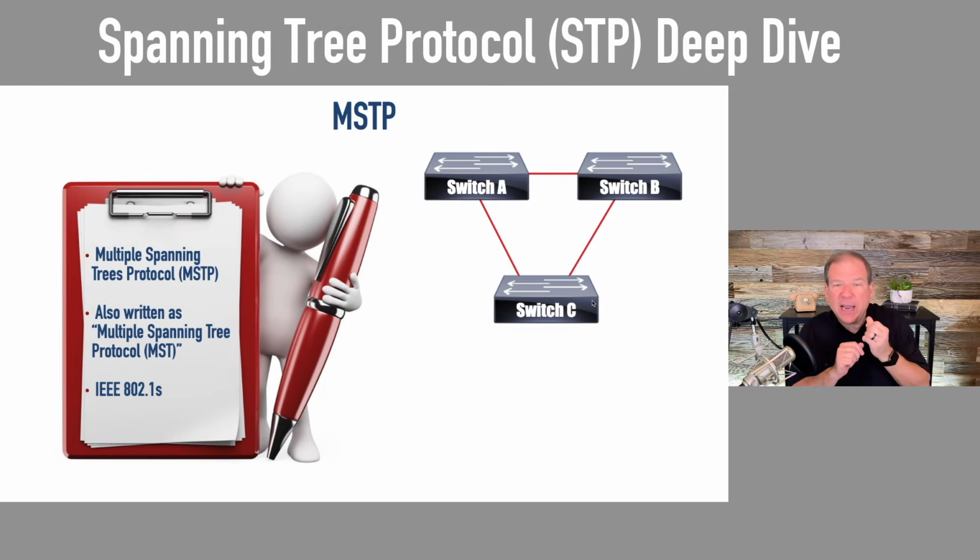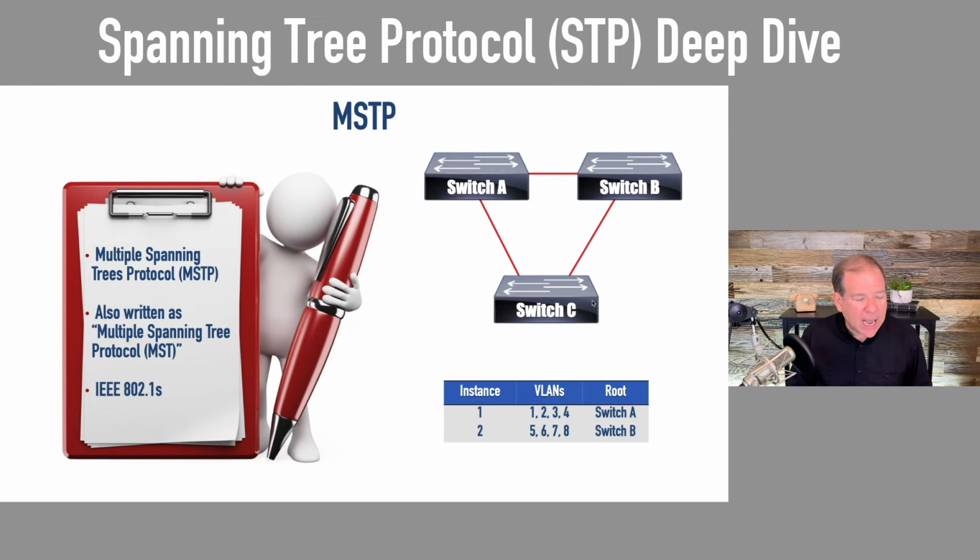Instead of saying each VLAN has its own tree, what if I create what are called spanning tree instances? Here, I'm creating two instances. And I'm saying for instance number 1, switch A is the root. For instance 2, switch B is the root. So now, instead of running an instance of spanning tree for every VLAN, I'm just running 2 instances.